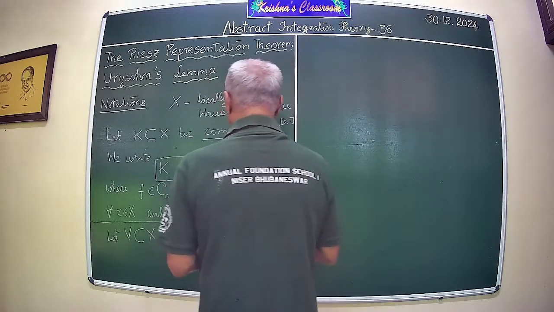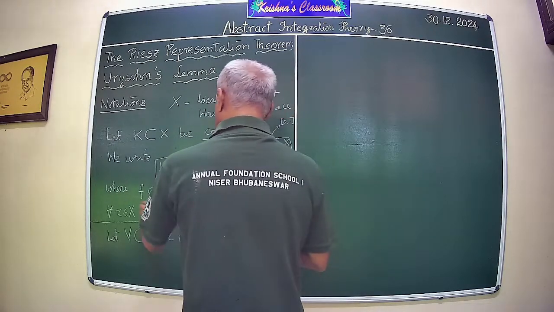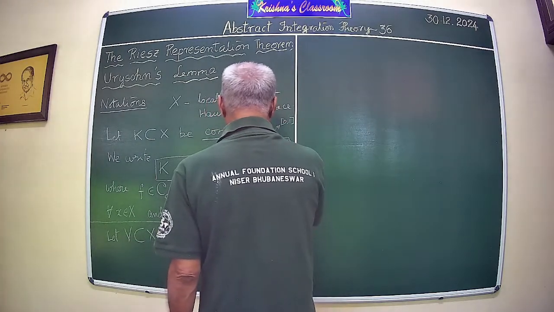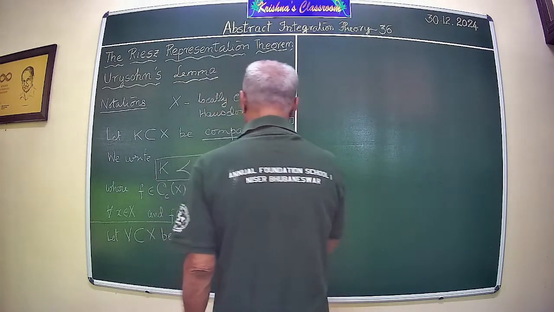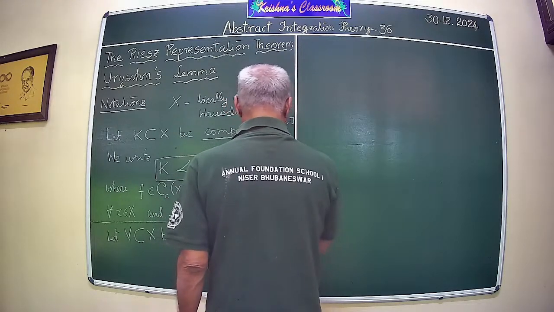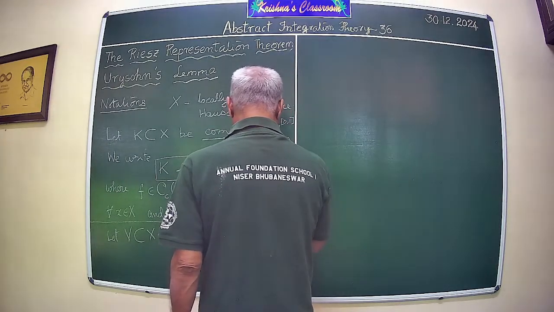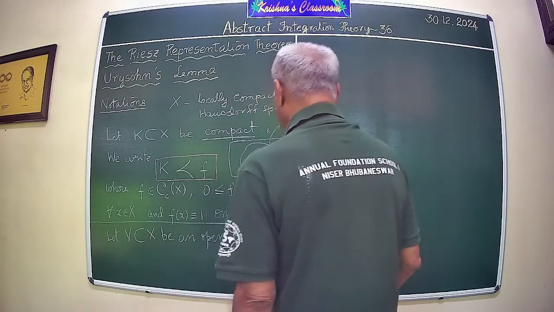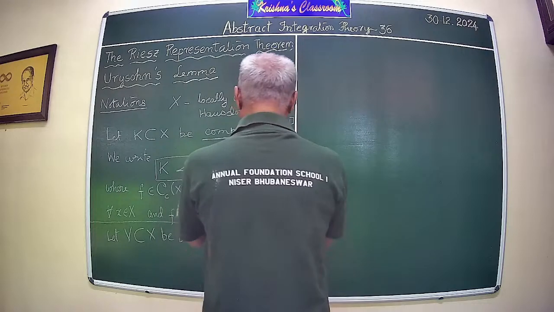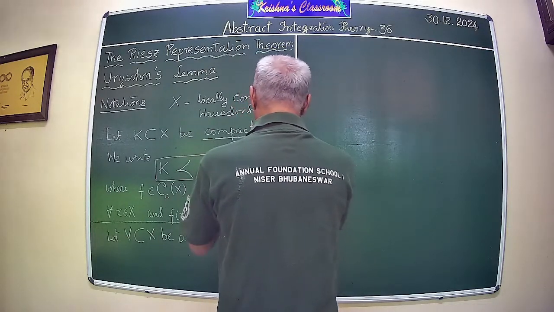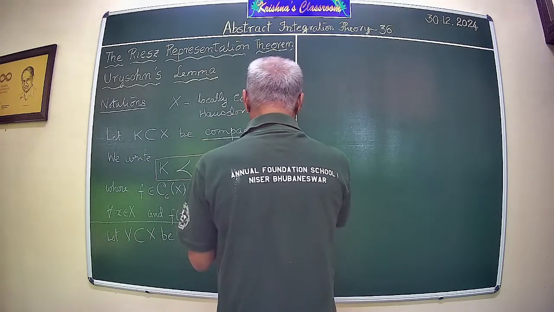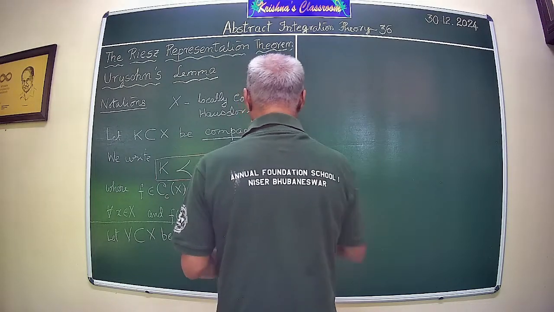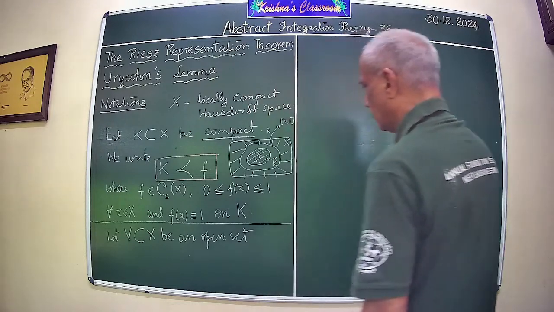which takes values between 0 and 1. And further, you have this property that it has compact support. So it means there is some compact set, say K tilde, so that the function is non-zero only here. Outside that, the function takes the value 0. So that's the meaning of that.